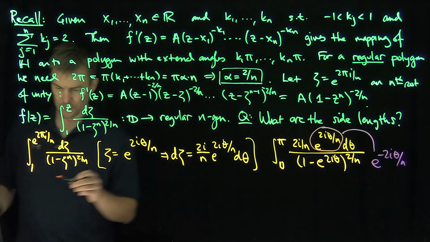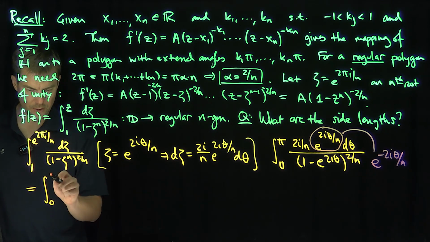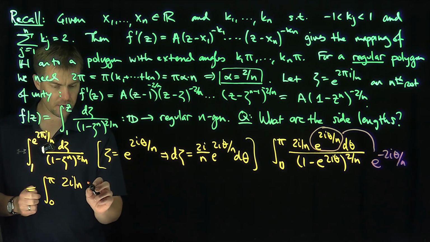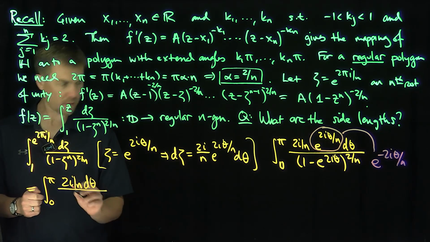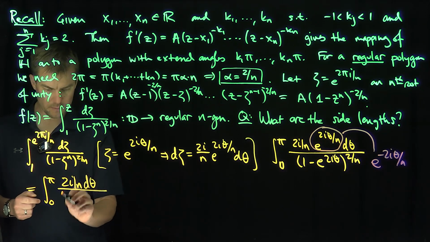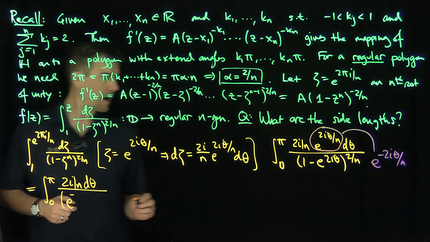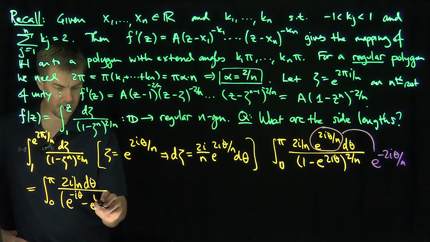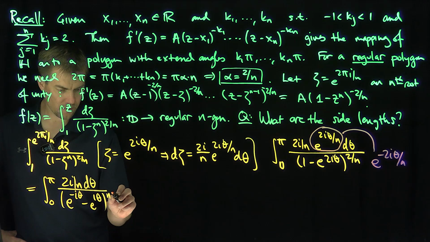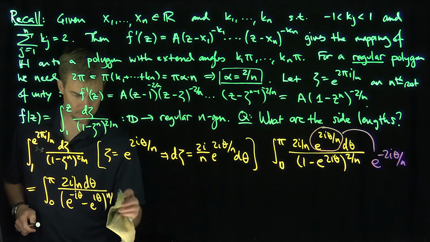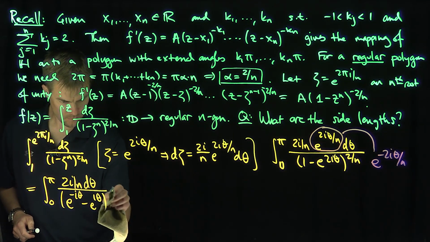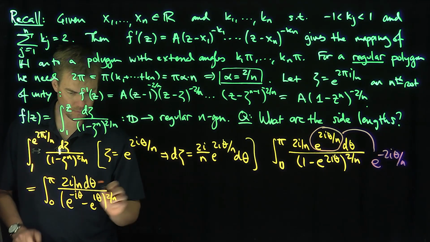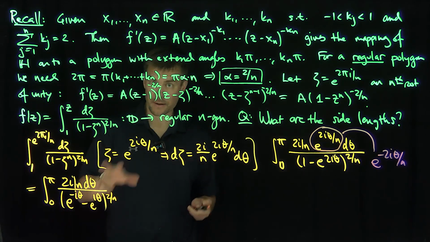So this is going to be equal to the integral from 0 to pi of 2i over n d theta over (e to the negative i theta minus e to the positive i theta) to the 2 over n. Good. That looks like sine, which is very good.